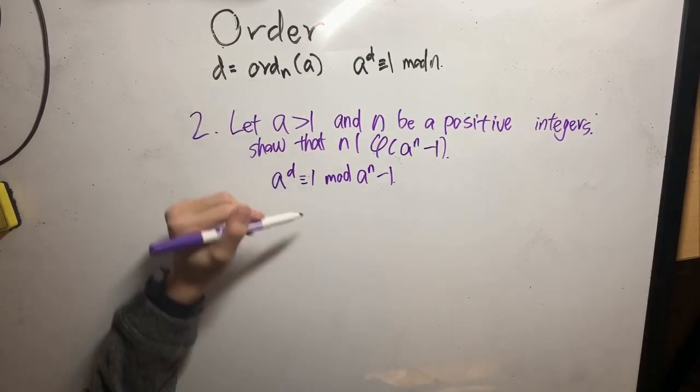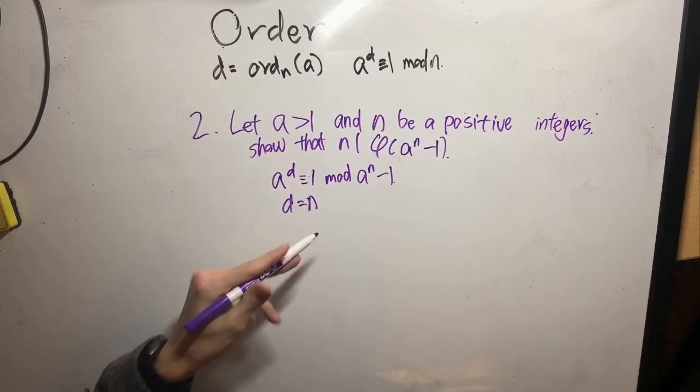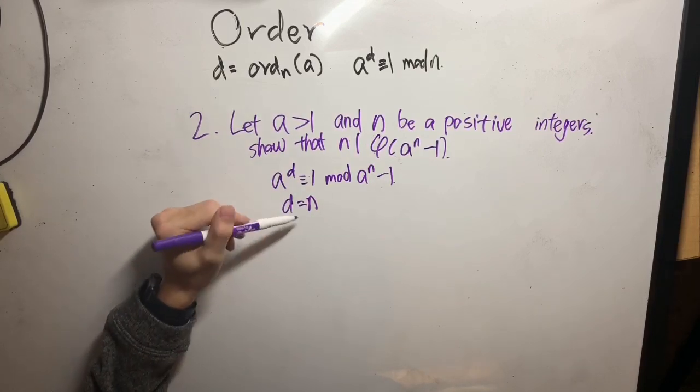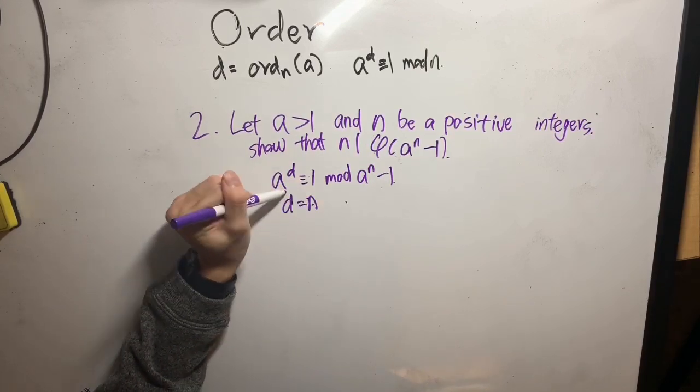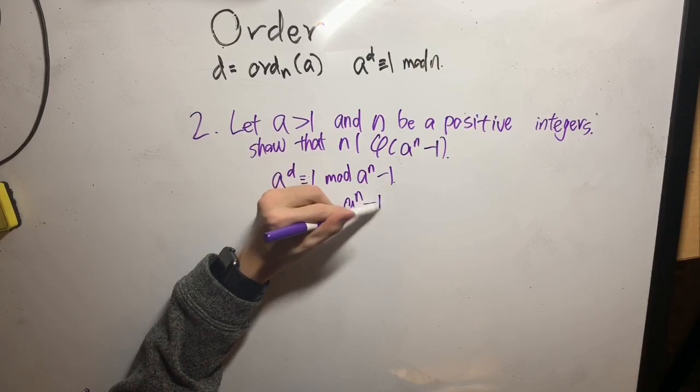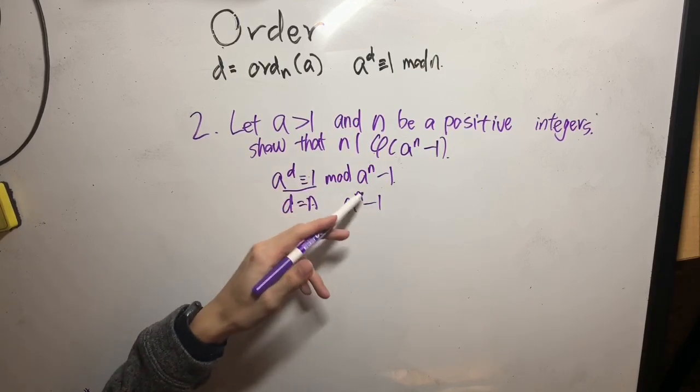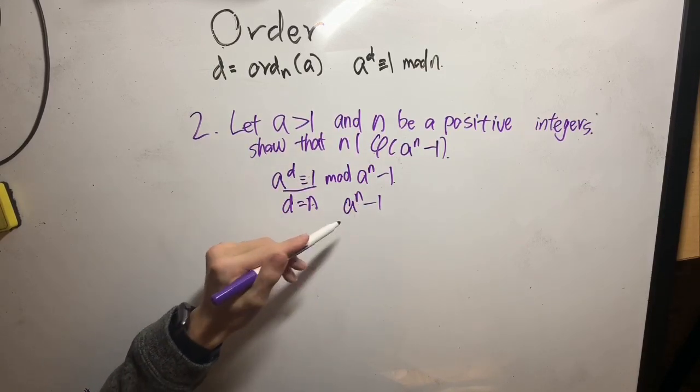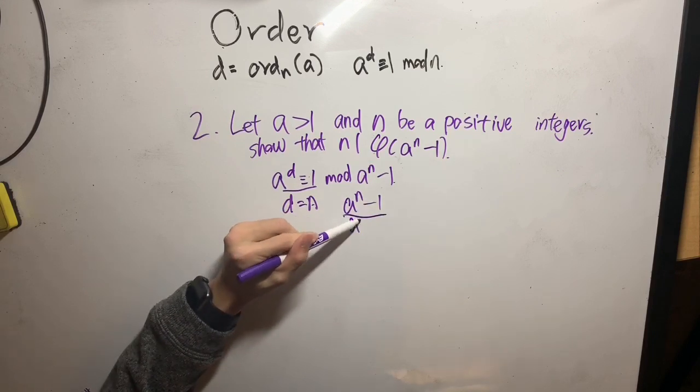Thus, it follows that d equals n. Why is that? Because if d equals n, then this becomes a to the n minus 1, and a to the n minus 1 is obviously the smallest that can divide a to the n minus 1.